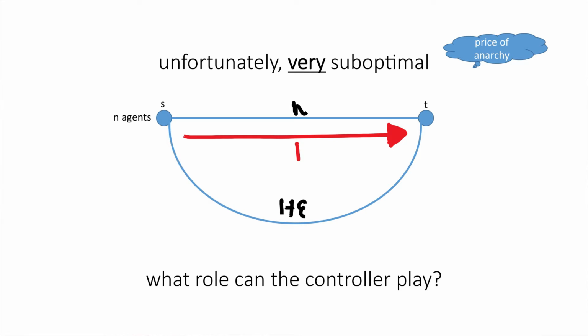So, the controller decides what every agent's route is. The agent can look at that route and either say that, okay, I am happy with this route, I am taking it, or deviate to a different route. Okay. So, the controller has sort of minimal control in this situation. It can suggest routes, it can't force the agent to choose the route.